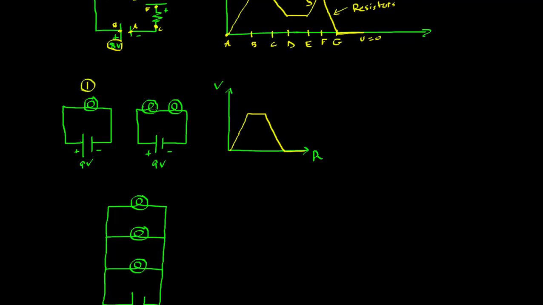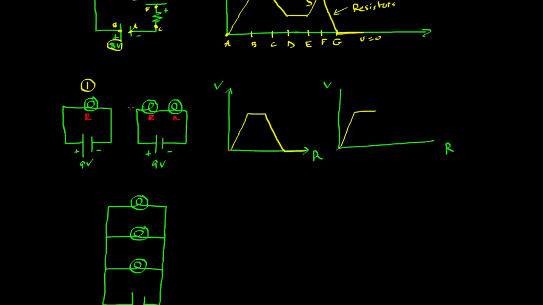But what happens if we put 2 bulbs? So if we put 2 bulbs, and these things have the same resistance, so we'll say R, R, and R. These are all the same. I don't know if I should draw it on the same one. Let's draw a new one. So we'll do VR. All right. So the battery's going to pump it up the same, and then it goes over to the resistor.